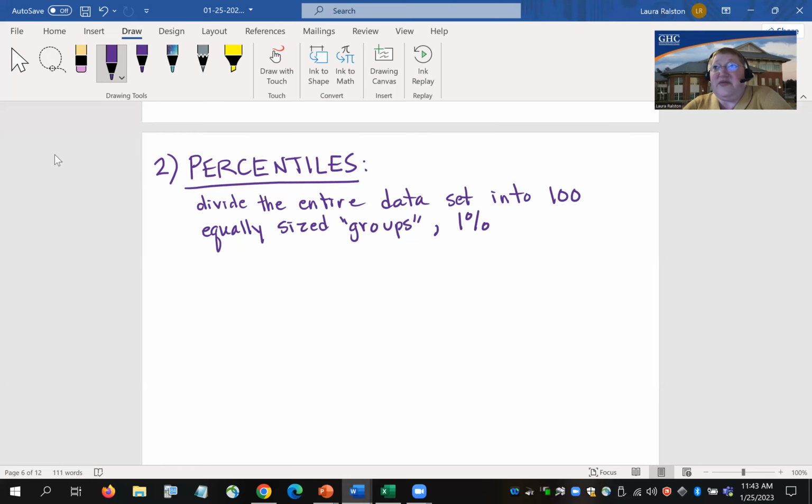Nobody's going to do it by hand, but there are different methods, depending upon the assumptions that are made. But the key thing about percentiles is, how do you interpret it? That's the important piece.